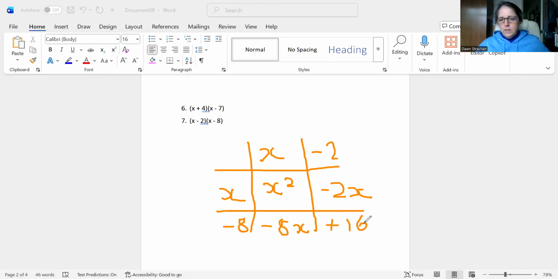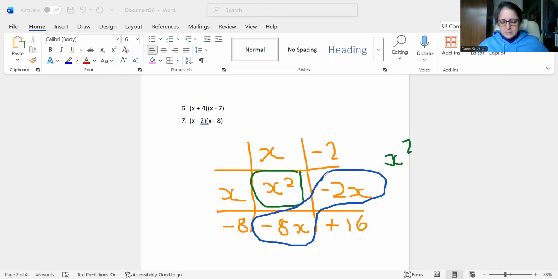Okay, so let's once again simplify this out. So we've got x squared, and then we'll take the blue, a -2x plus a -8x. So -2 take 8 gives us -10x.